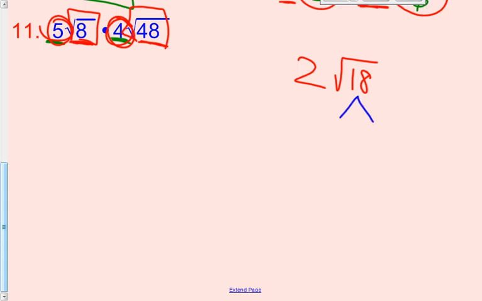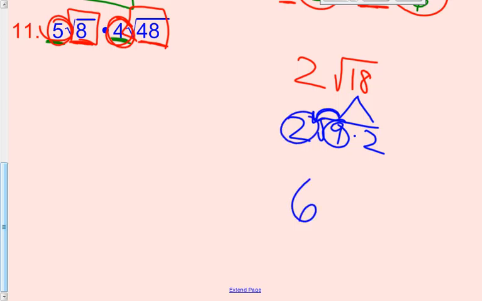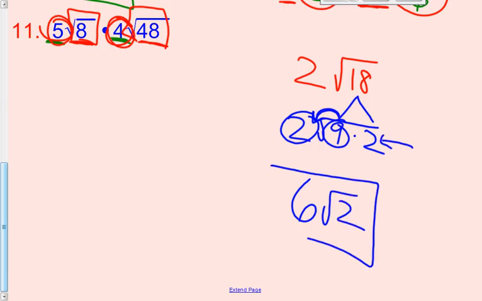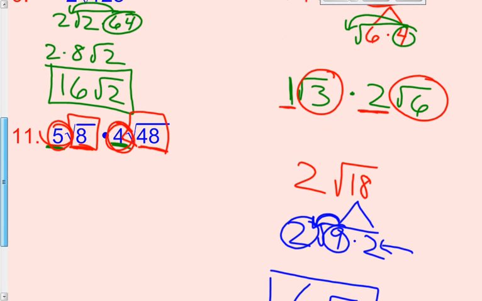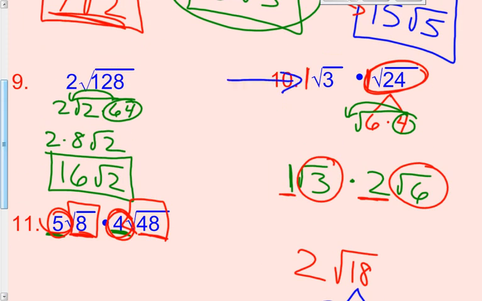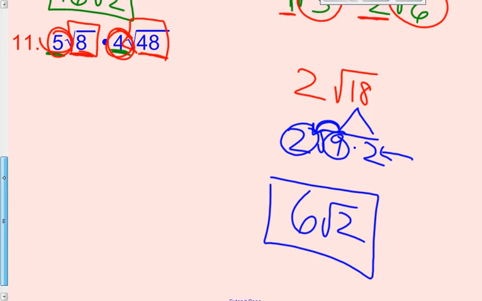And you say, absolutely. It is the same thing as 9 multiplied by 2. And you still have this 2 as a coefficient on the outside. So this 9 can come outside as a 3, and I hope I can do this all in one step. If I have a 3 right here, 3 times the 2 is 6, and then this square root 2 is left underneath the radical. So my answer for all of this is 6 square root 2.